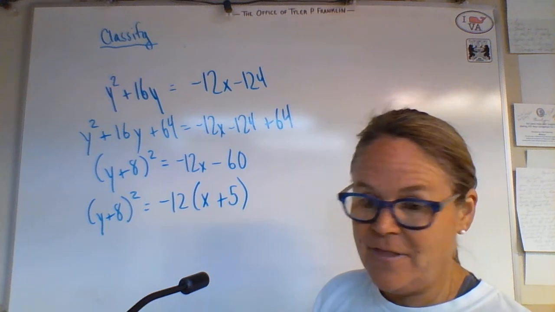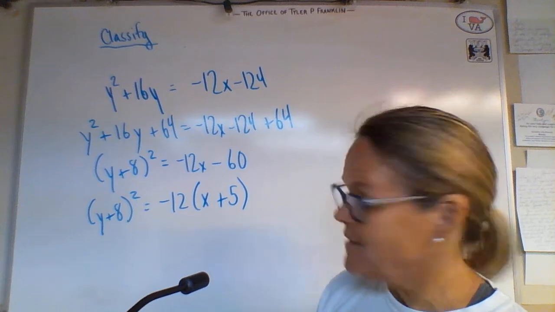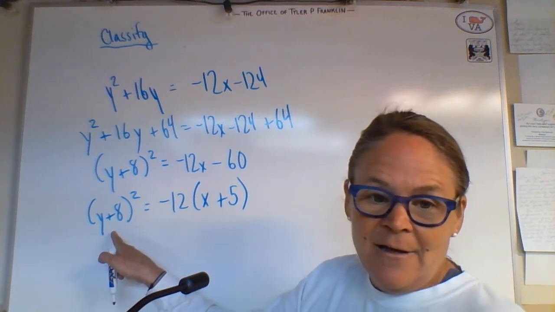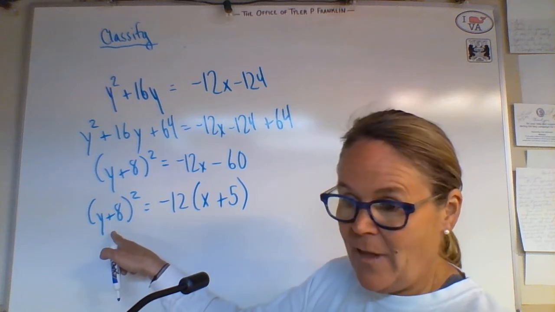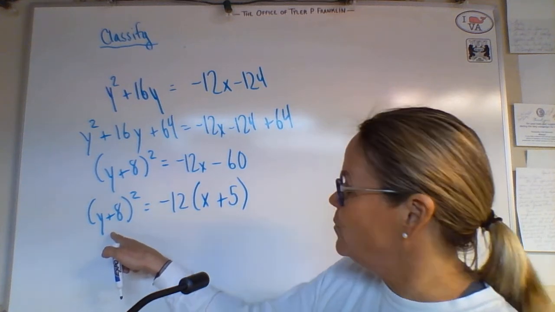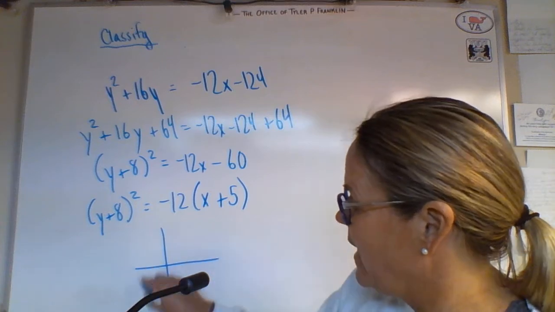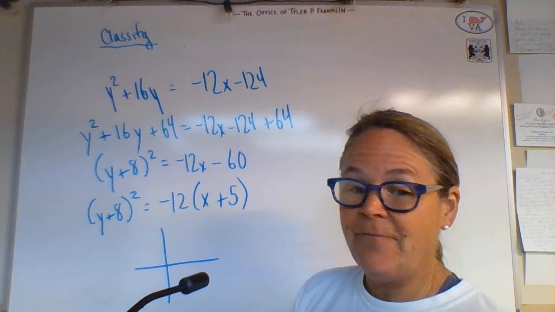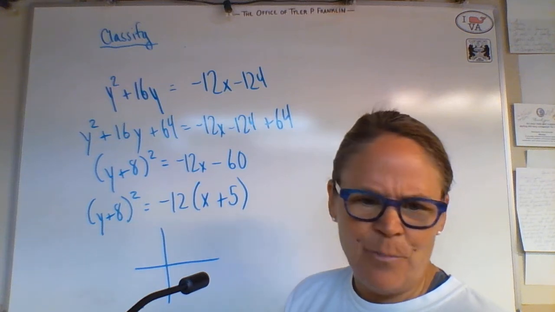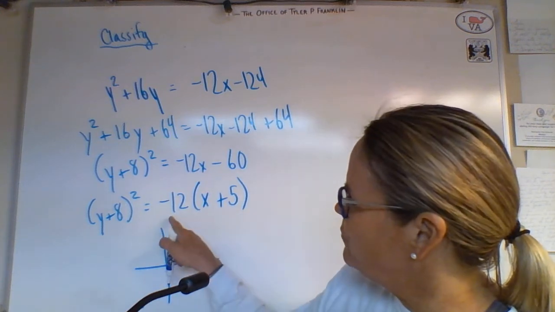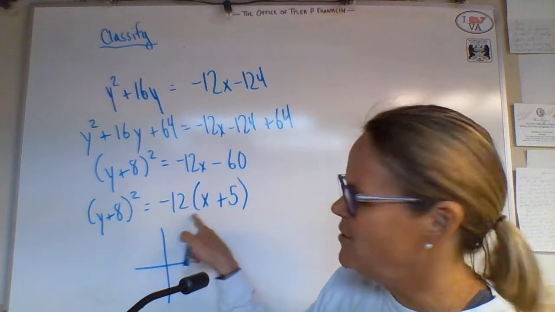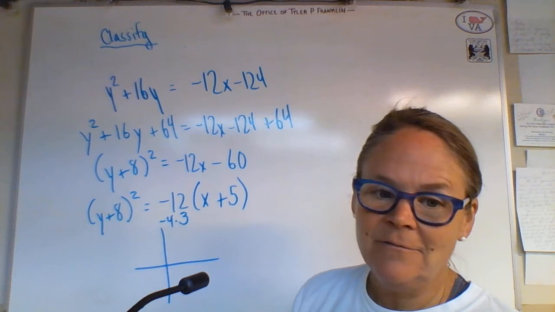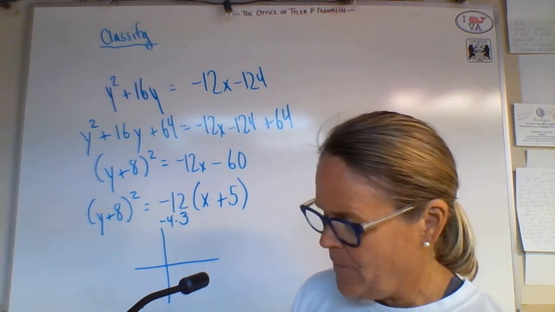Now you have to think of the things that I'm asking. Vertex, opposite, opposite. It's not really the center, it's your vertex. So your vertex would be (-5, -8). Okay. Your focus, the p. Well, if you think of the p, you had to have 4p, so you would think, well, -4 times 3.